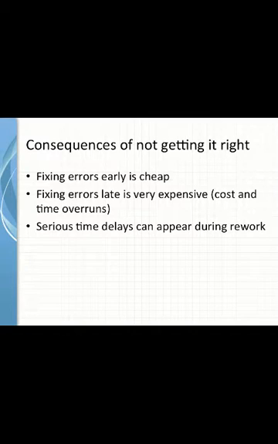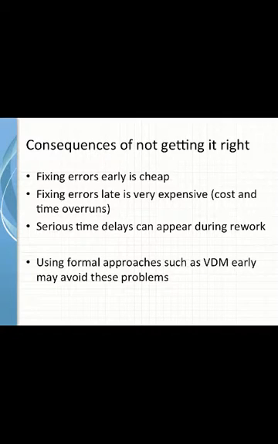In addition, it can have severe consequences on the time to market, since in most cases errors will only show up at integration time, and thus one potential consequence is that substantial time delays can occur. Using something like VDM to model the functional requirements can discover problems with the specification very early, and as a consequence, such problems can be avoided.